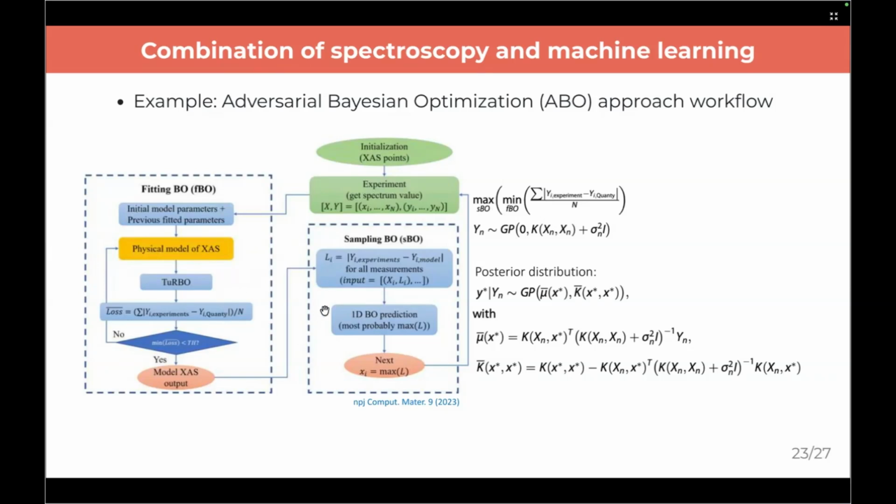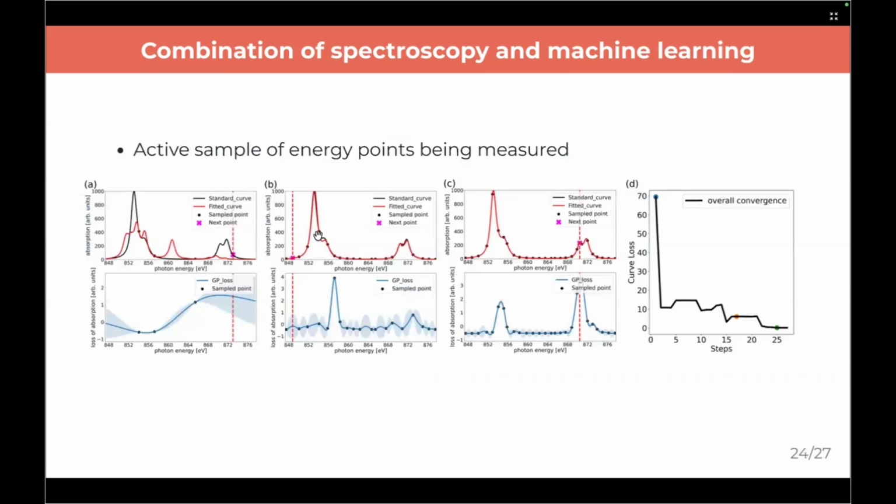After this process, if you look at the results, you can see that the black points are those that are sampled, and with around, I think, 25 sampling points in figure C, we could already recover the full spectroscopy.